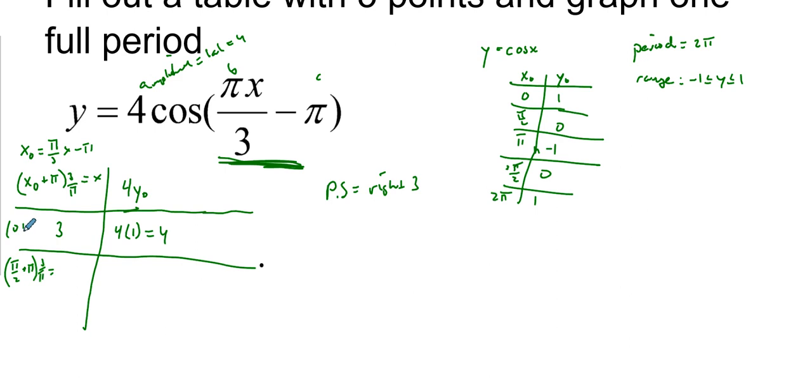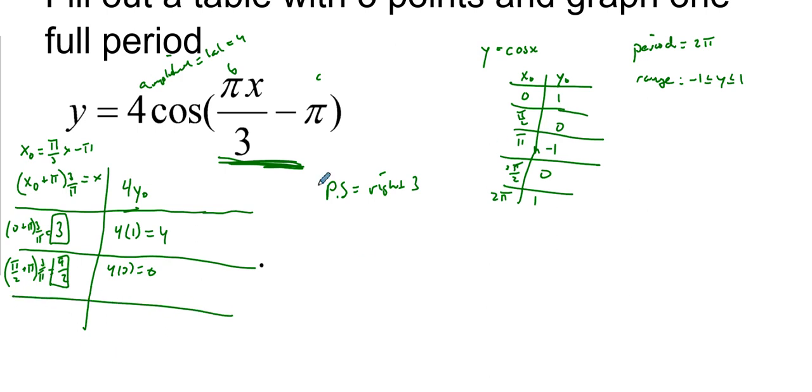So pi over 2 plus pi is 3 pi over 2, and times 3 over pi, 3 pi over 2 times 3 over pi is going to be 9 halves, and that's our new x value for that one. And we have 4 times 0, which is 0, so we have 0 there.